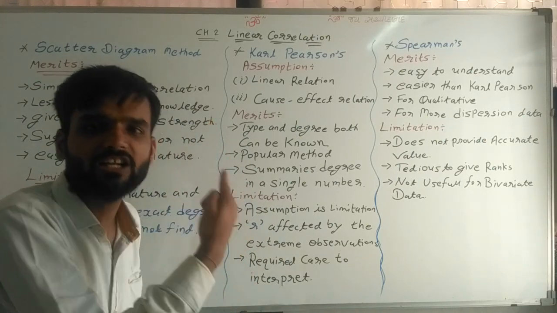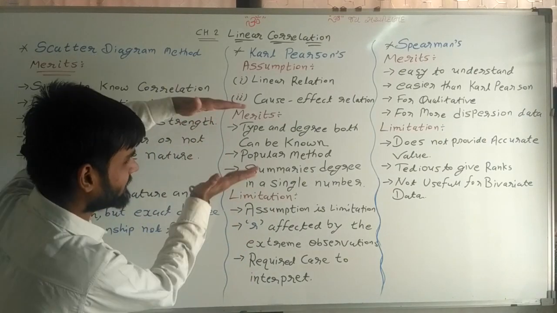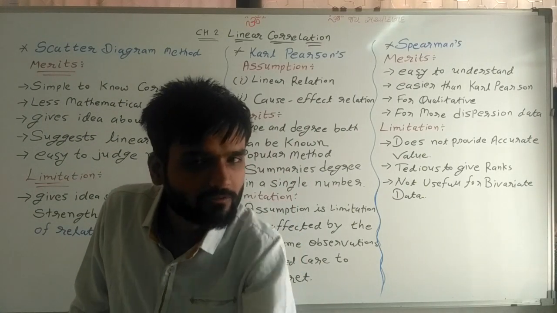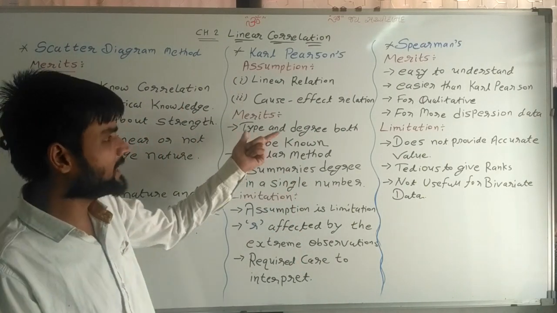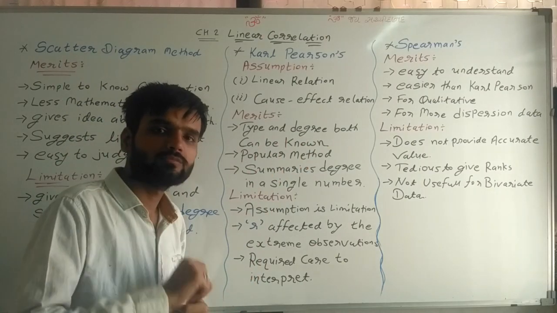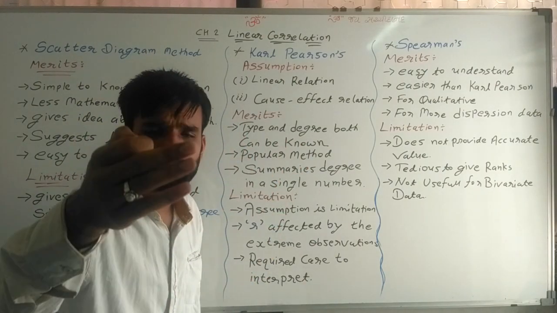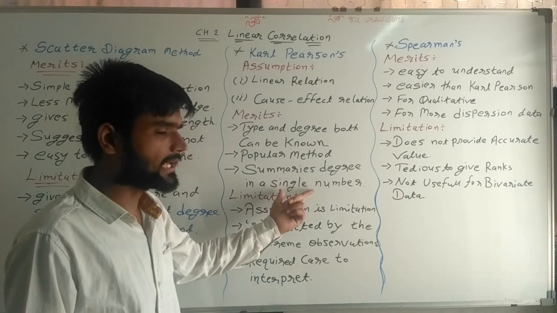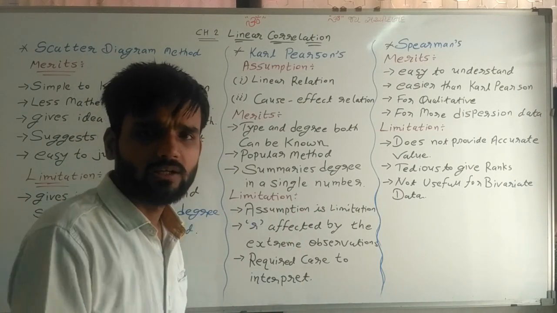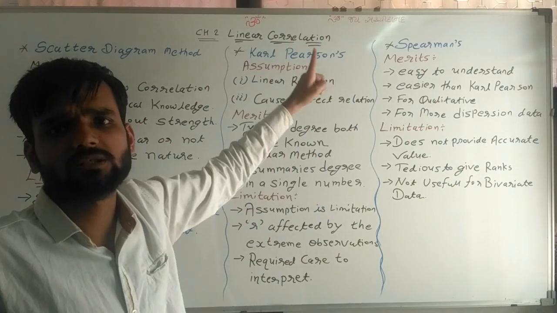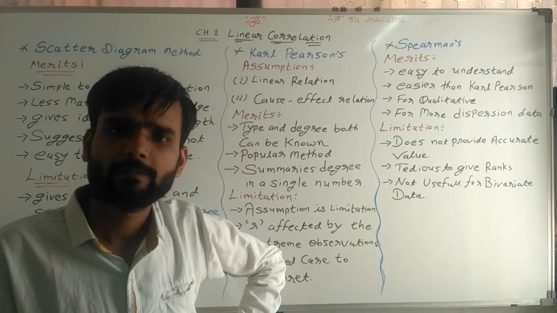That is also a merit. So these 3 are merits. Type and degree both can be known. It's a popular method. And third, exact number can be found, summarizing in a single number. So these 3 are merits of Karl Pearson method.